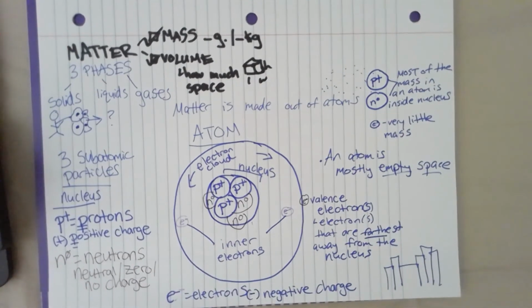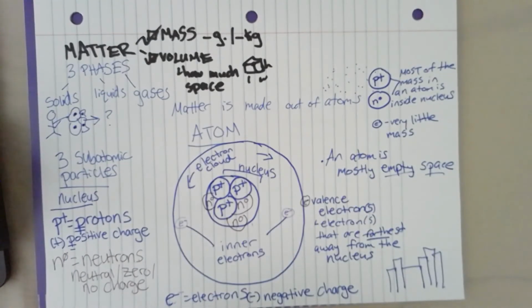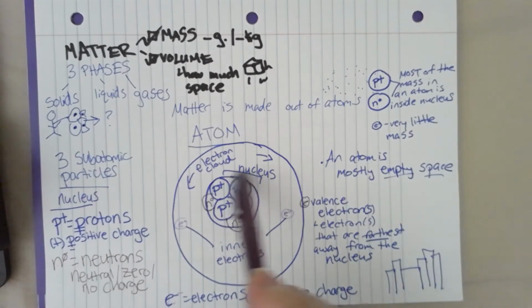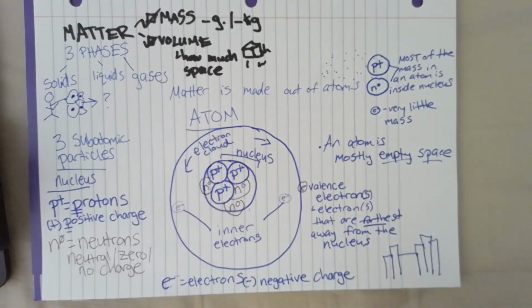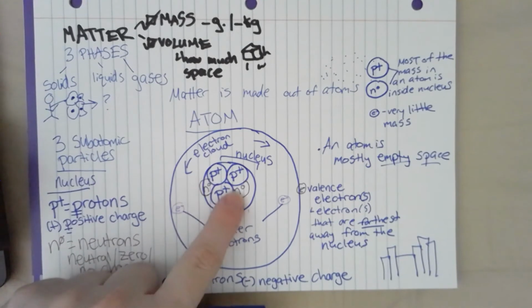Next question. What do we call the middle of an atom, or the center of an atom? Perfect. We call this the nucleus. The nucleus is the middle of an atom. Next question. Which two subatomic particles are inside the atom? Perfect. Those are protons and neutrons.